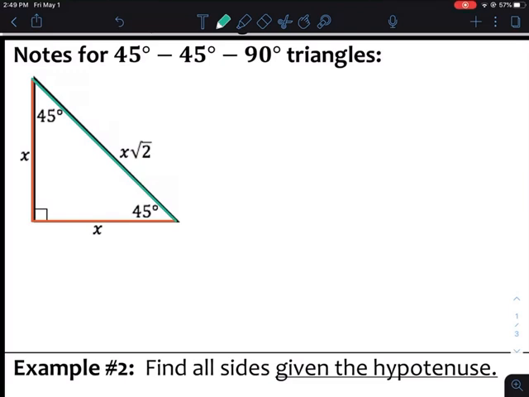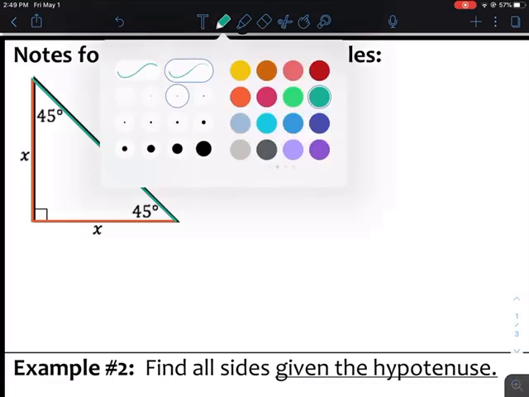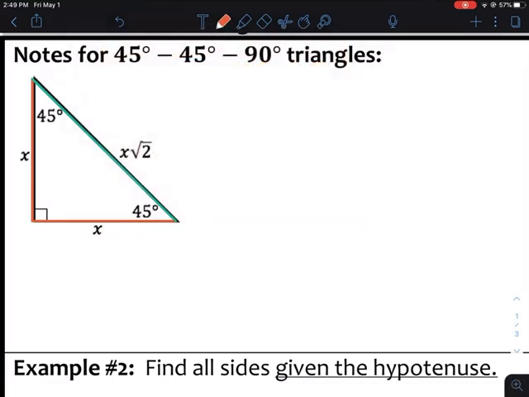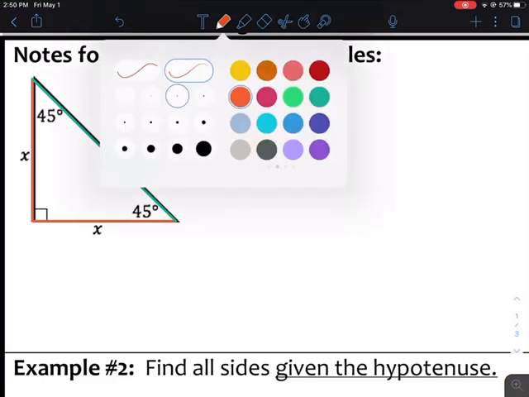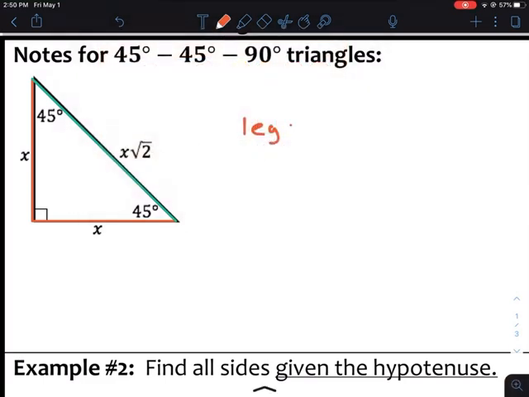So this only works for 45, 45, 90 triangles. But it's a shortcut. So when we have a leg to find a hypotenuse, we just multiply it times square root 2, and that will give us the hypotenuse.